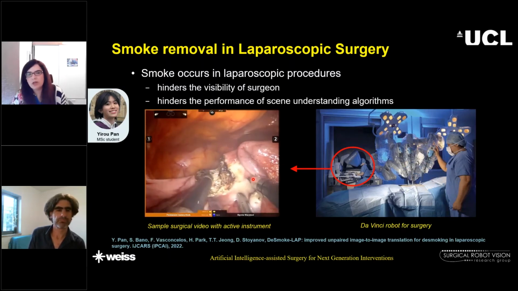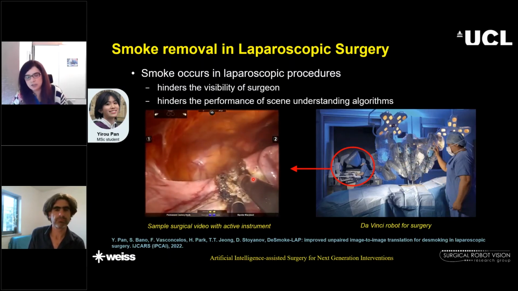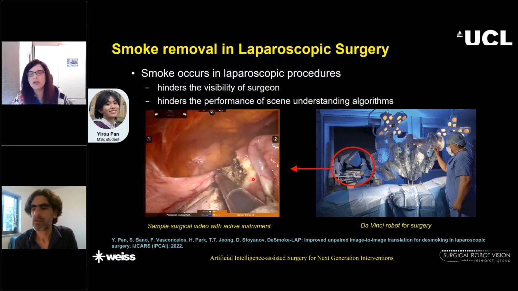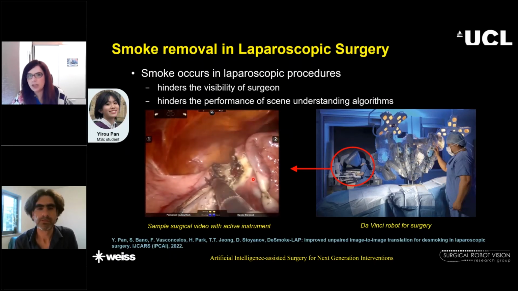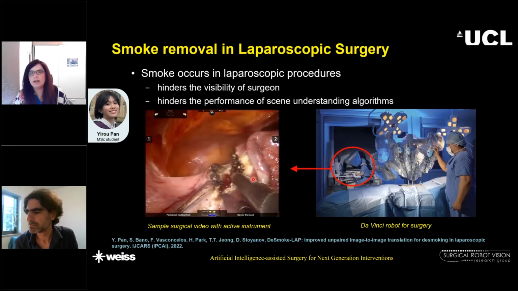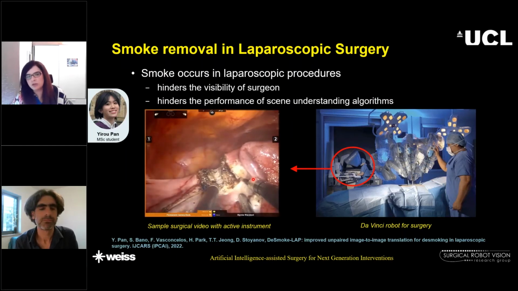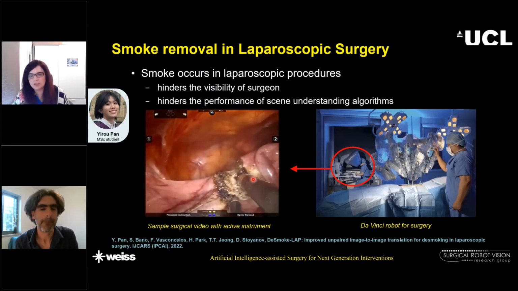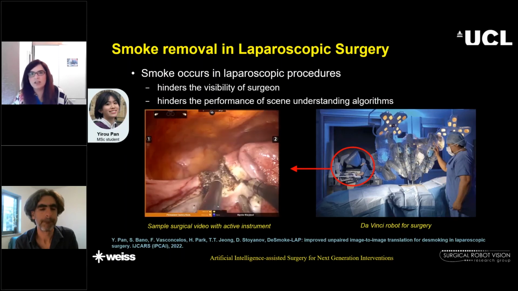To handle these kinds of situations, we started looking at designing de-smoking approaches that can virtually remove the smoke from the scene so that they can give the surgeon a better understanding of the scene.